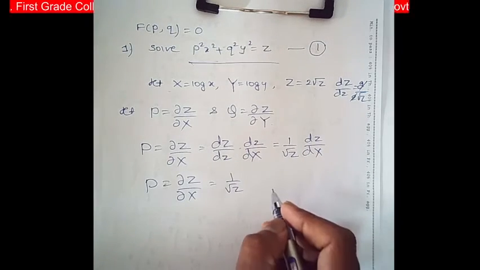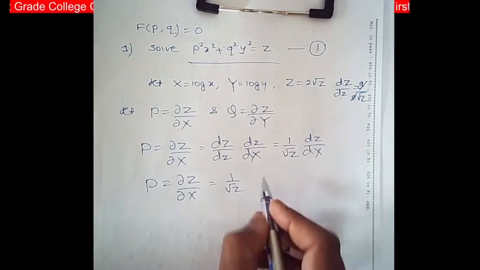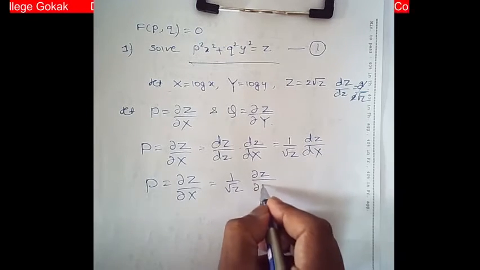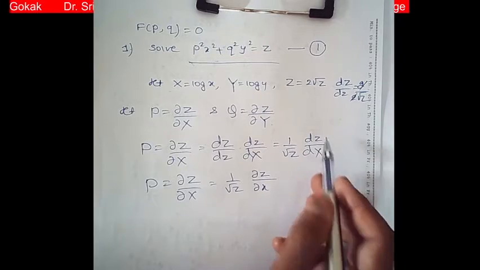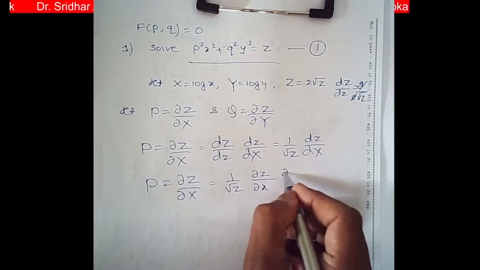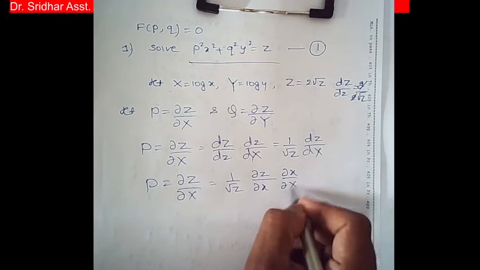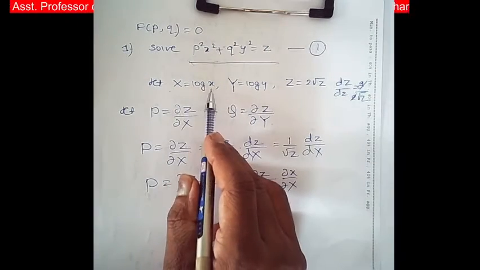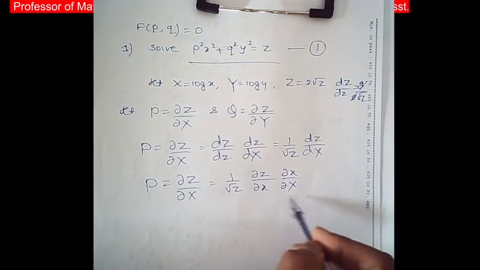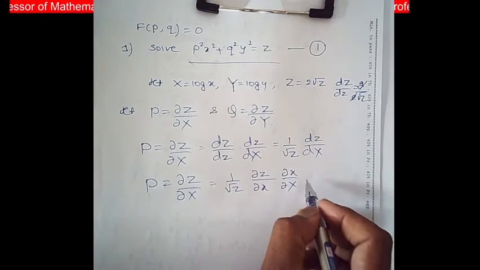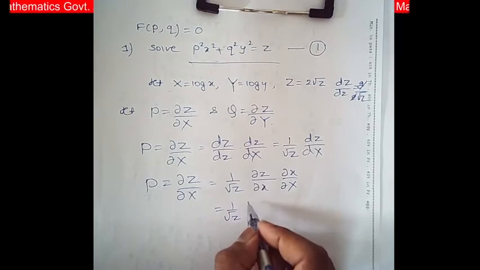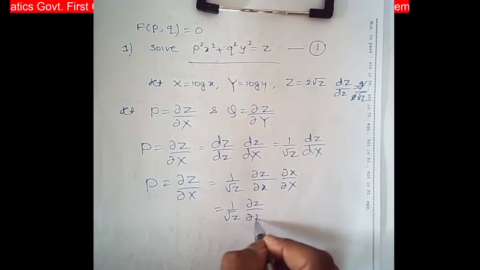Now again what we do, we differentiate this z with respect to small x, and then differentiate small x with respect to capital X. Okay, because z is a function of small x also, so therefore we apply this technique. So which is equal to 1 by root z, now this is dou z by dou x.